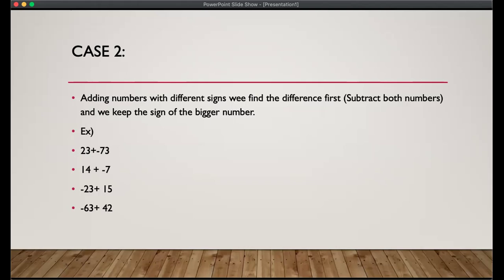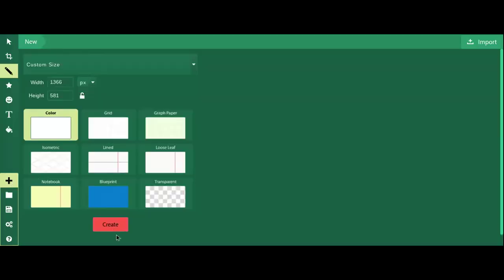So let's look back at examples. Right, so we have 23 plus -73.